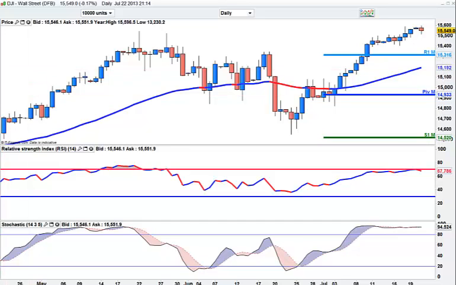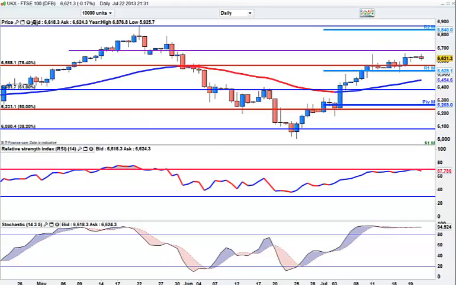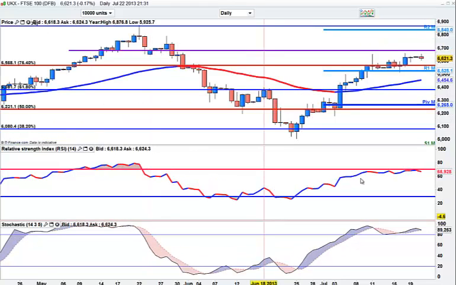The FTSE hovering. I would like to see a test of this area here, 65.80, 65.75, at which point I would be a buyer. Now I want to dip to see if I can get this to reach up to the highs again.